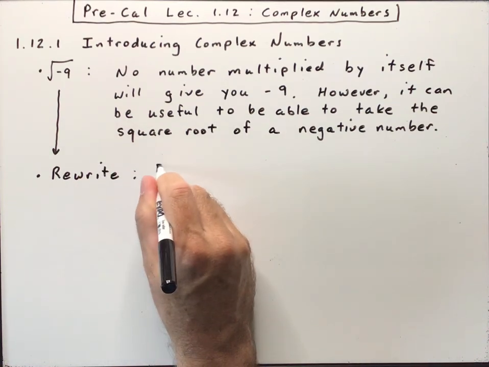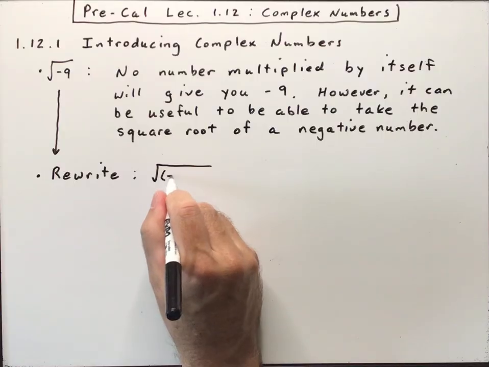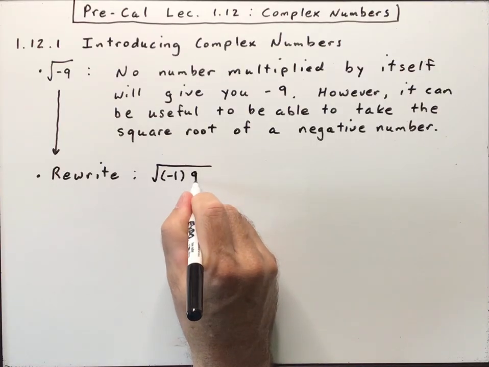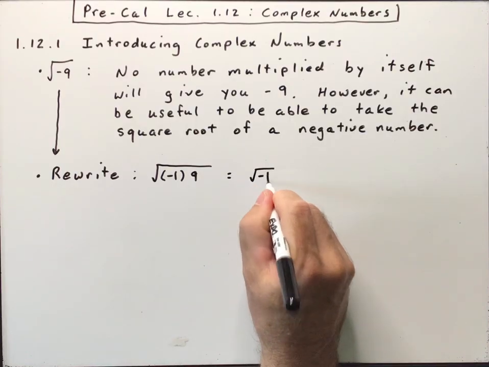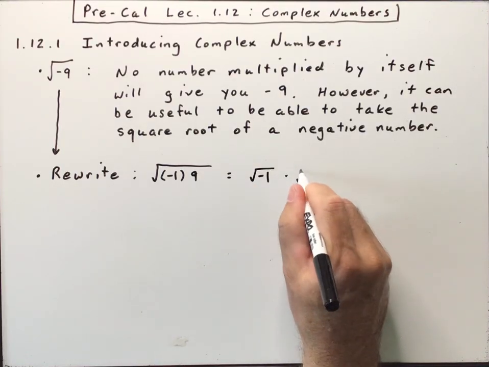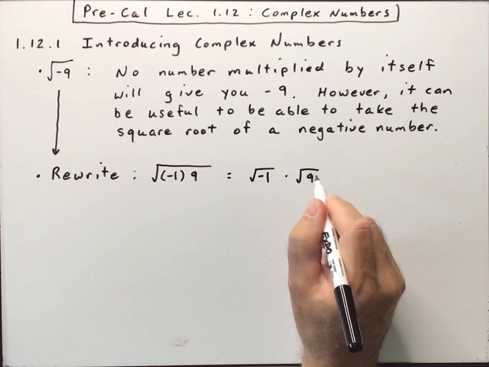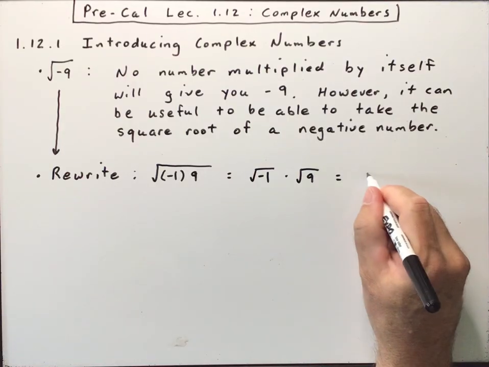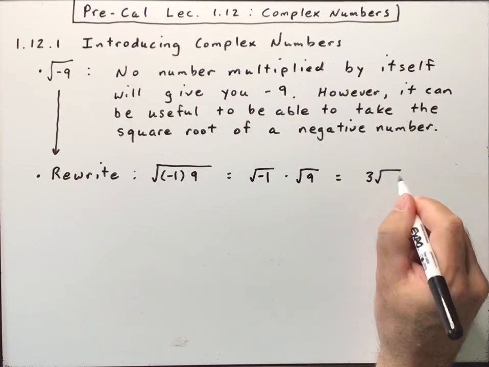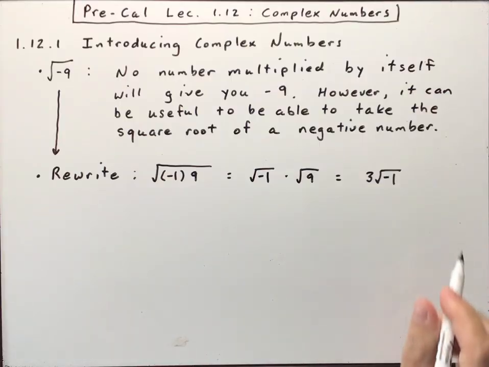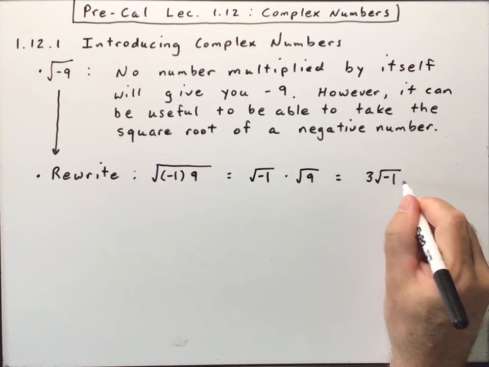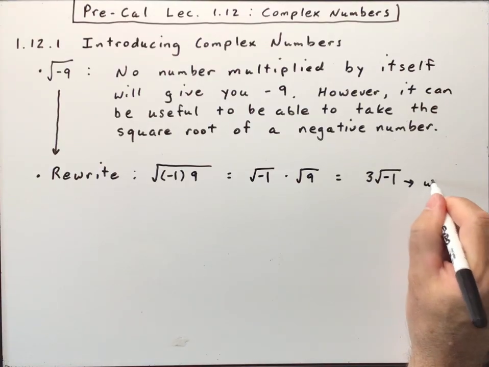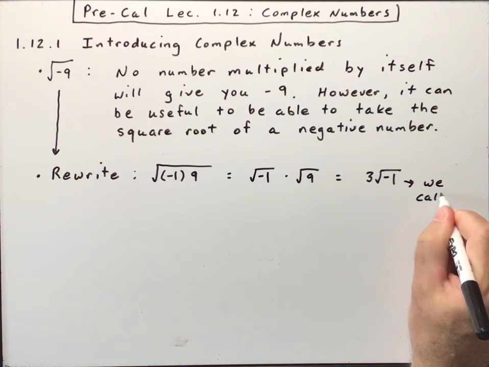as the square root of -1 times 9. That would be the same as the square root of -1 times the square root of 9. So that's going to be 3 times the square root of -1. The square root of -1 we call i.